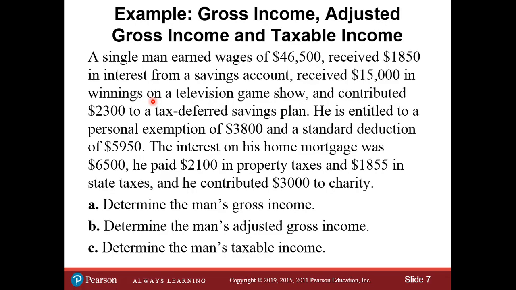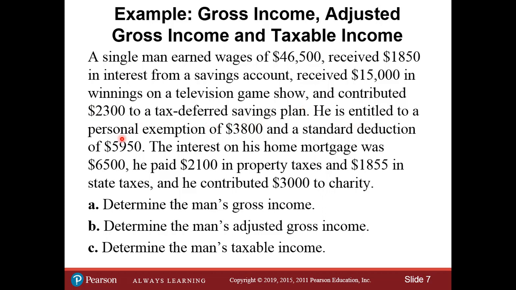Okay, so now, gross income, adjusted gross income and taxable income. So let's look at this. We have a single man who earned $46,500, received $1,850 in interest from a savings account, received $15,000 in winnings on a television game show, and contributed $2,300 to a tax-deferred savings plan.